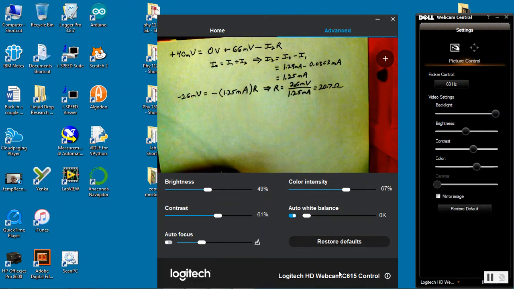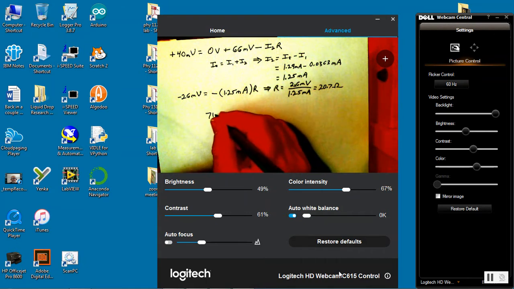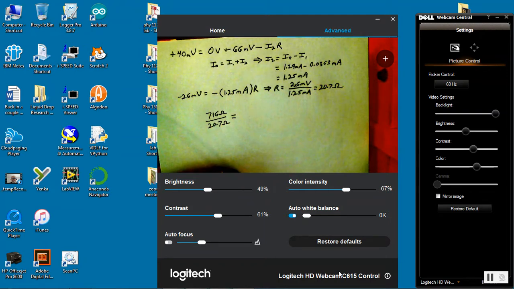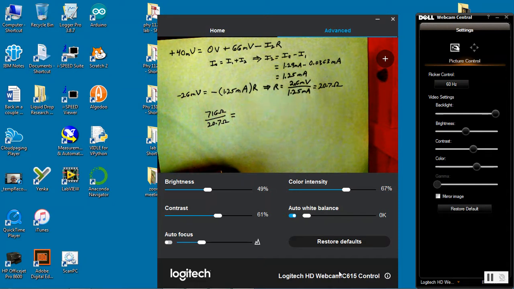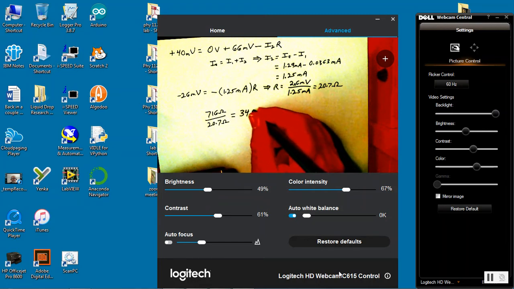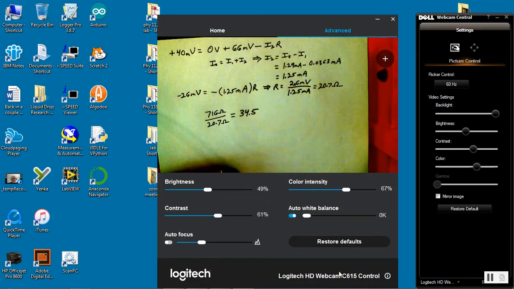So in comparison to the other resistor of 716, this is a factor of 34.5, so about 35. In other words, when the sodium channels open up during the action potential, the new channels are roughly 35 times more permeable than what was already there.